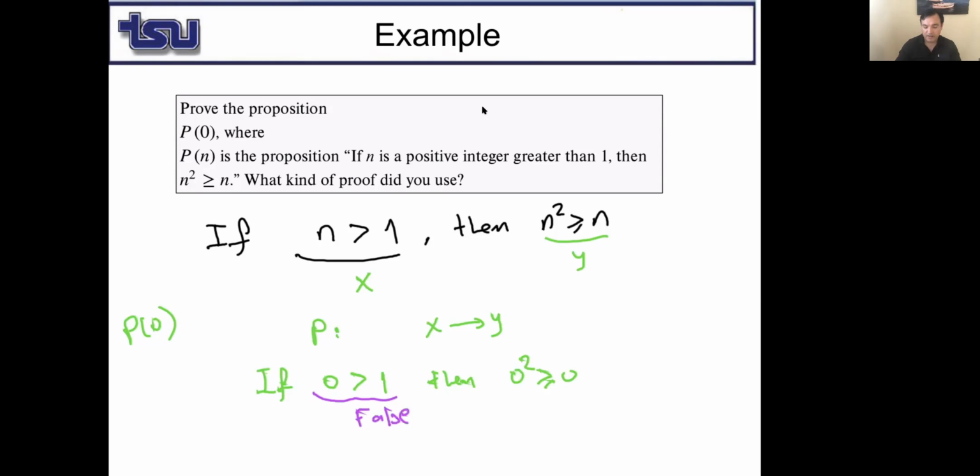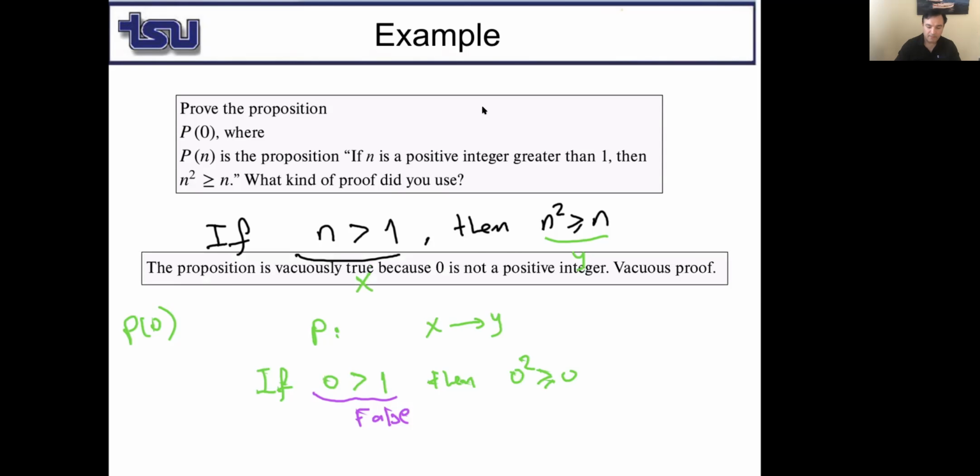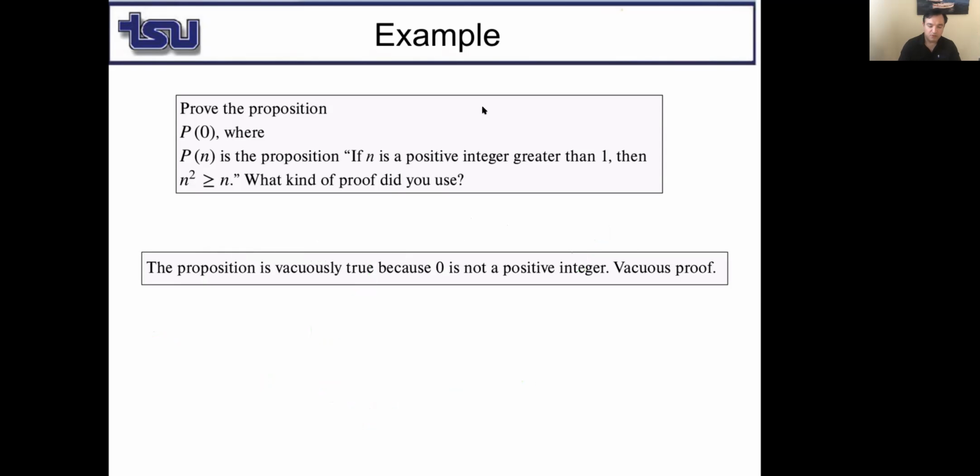Remember, if P is false, no matter what Q is, P implies Q must be true. That was a vacuous proof. So that is what we do. The proposition is vacuously true because 0 is not a positive integer.